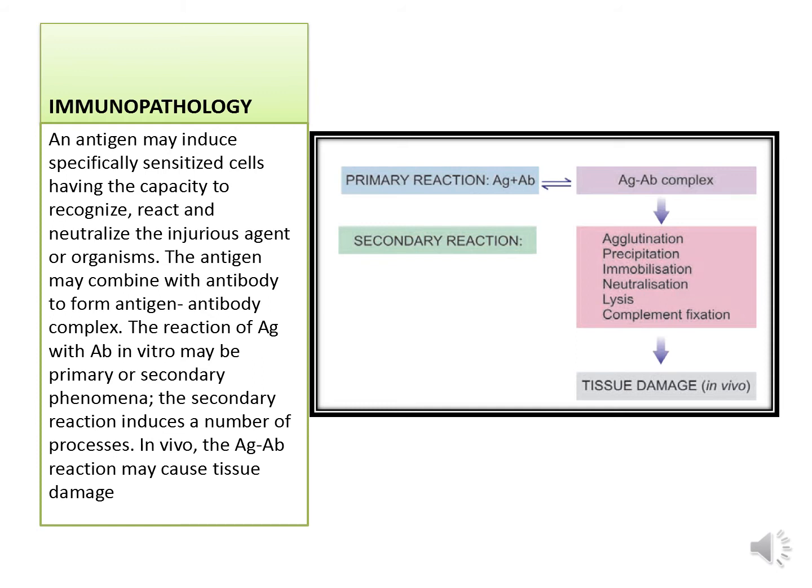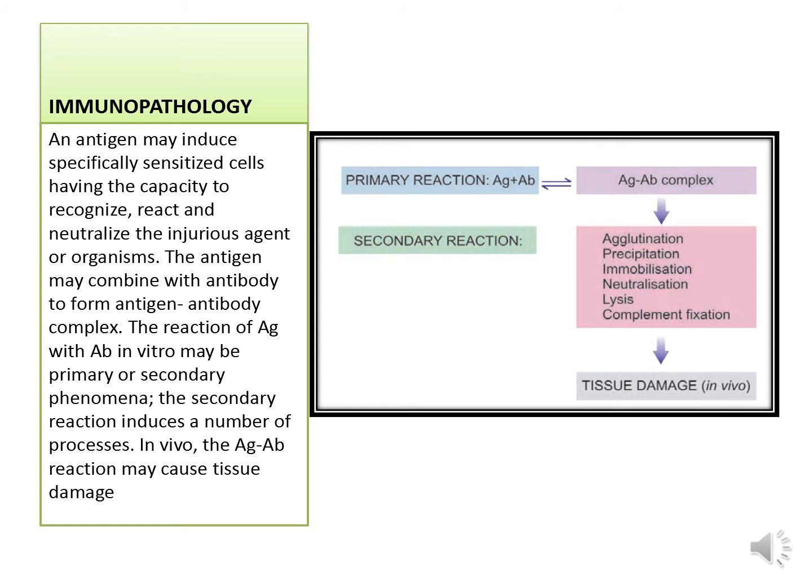An antigen may introduce specifically sensitized cells having the capacity to recognize, react, and neutralize the injurious agent or organism. The antigen may combine with antibody to form an antigen-antibody complex.